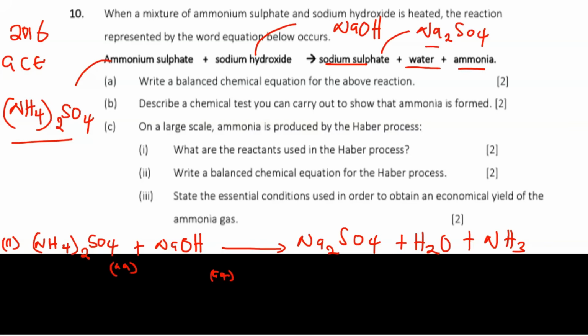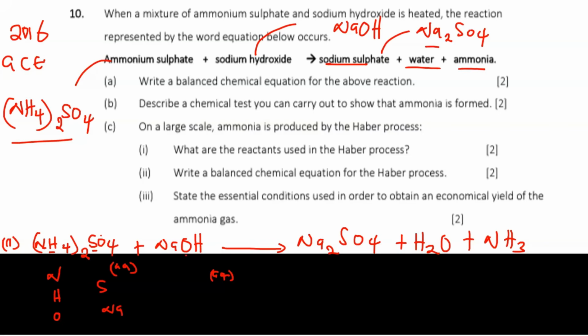In this case, the atoms that are involved here are nitrogen, hydrogen, oxygen, sulfur and sodium. Here is nitrogen, here is hydrogen, here is our sulfur, here is oxygen. There's also oxygen, so just write it once. Then there's sodium here.